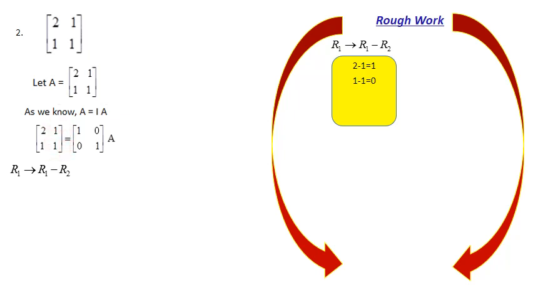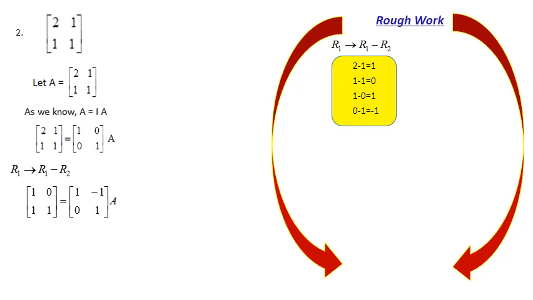R1 is 1, R2 is 1, that is 1 minus 1 is equal to 0. Move on to another element, that is 1. If you take 1 minus 0, here R1 element is 1, R2 element is 0. So 1 minus 0 is 1. Move on to the next one, that is R1 element is 0, R2 element is 1. So 0 minus 1 is equal to minus 1.